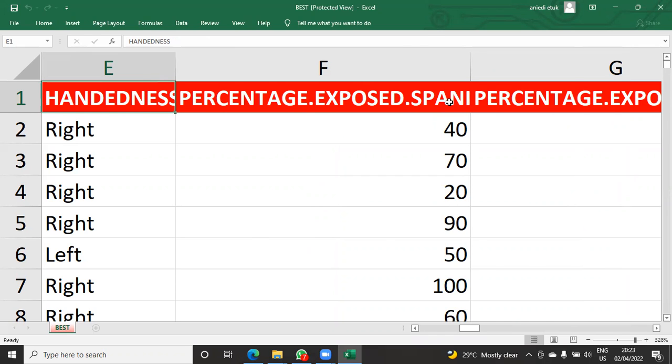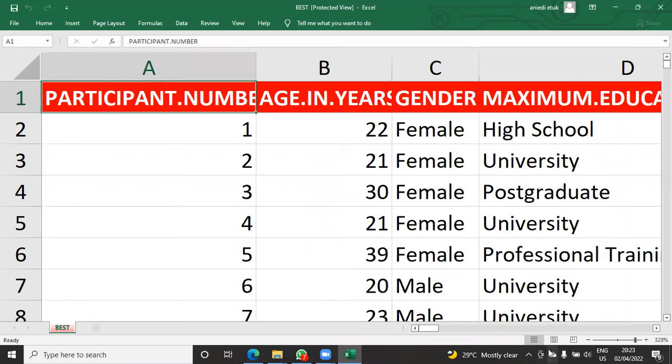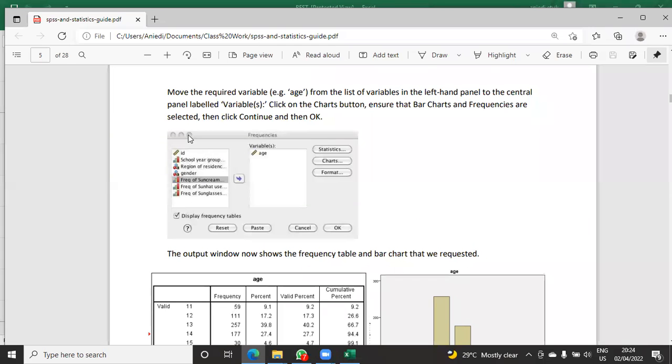All right. Now let's go back to this sample of analysis. The person got that set of data in that form. You understand now? Now, when this is imported into SPSS, this is how the variables, the columns, will be.